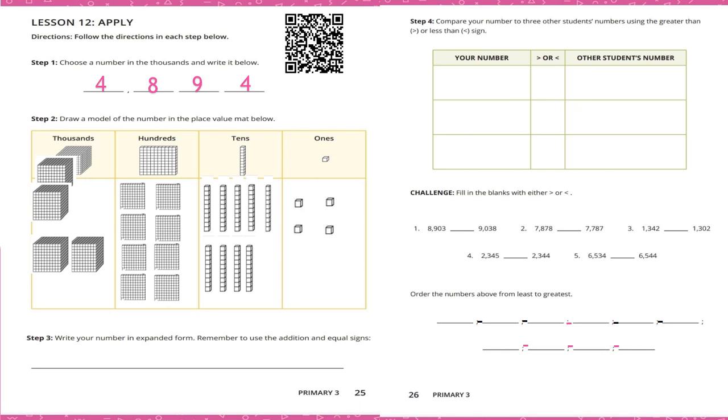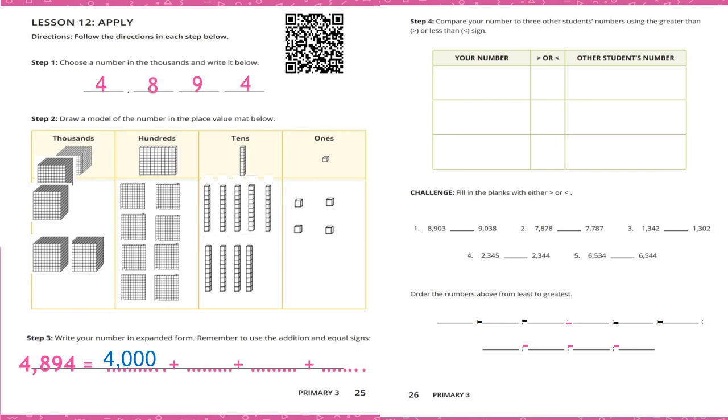In step 3, write your number in expanded form. We said before, expanded form means we add the values for the digits. Our number is 4,894. Okay, how many thousands do we have? 4 thousands. So in thousands we have 4,000. We will put 4 and 3 zeros.